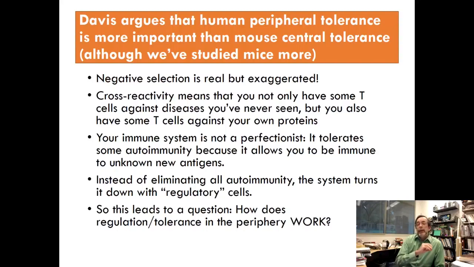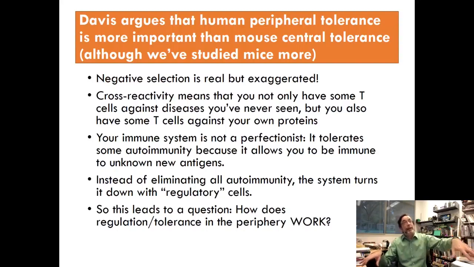Cross-reactivity means that not only do you have some T cells against diseases you've never seen, but you also have some T cells against your own proteins. It's a double-edged sword. And so because your immune system is not a perfectionist, it will tolerate some autoimmunity. It's evolved to let some self-reactive T cells through because it's better to react against an infectious disease than to react also against a self-antigen later.